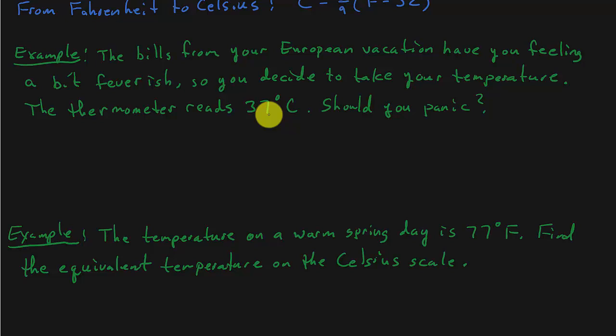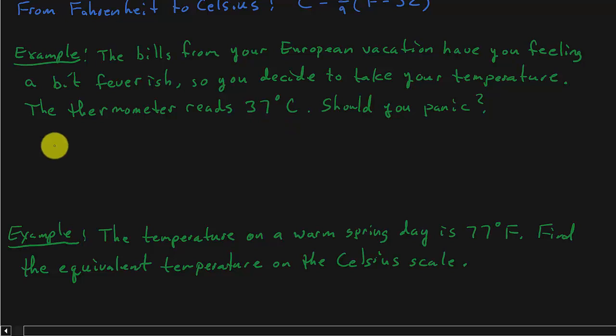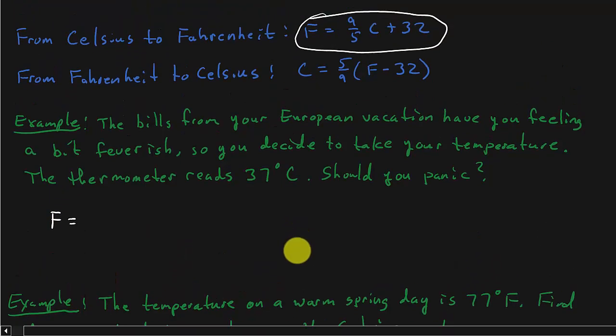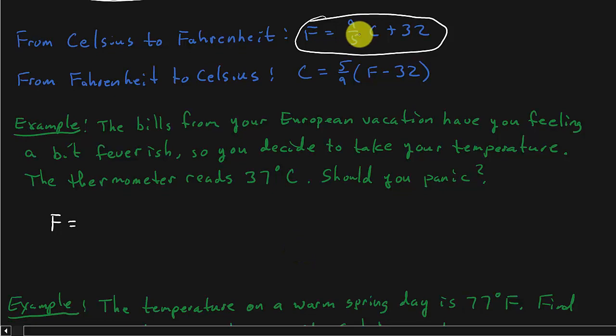All right. So I've got F is equal to, and it's just this formula right here, 9/5 times 37.